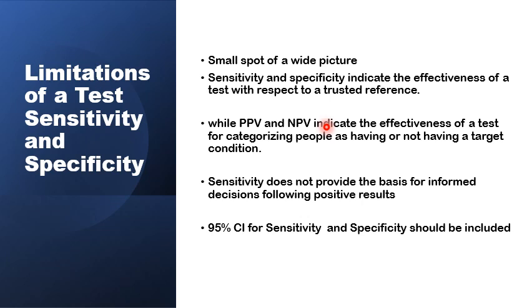So they don't provide information that can be a basis for informed decision about a particular case. Plus, there is the issue of reporting the sensitivity and specificity with the confidence intervals, which gives a much better and clearer idea about their effectiveness.